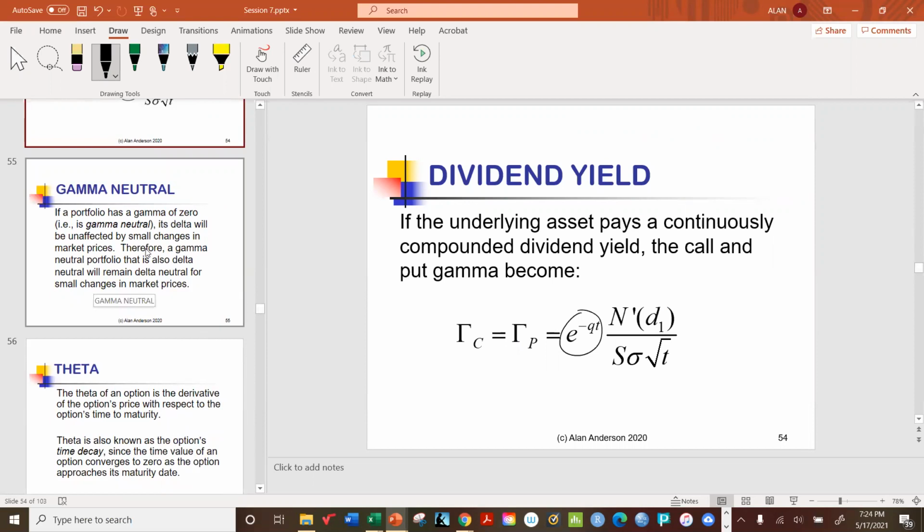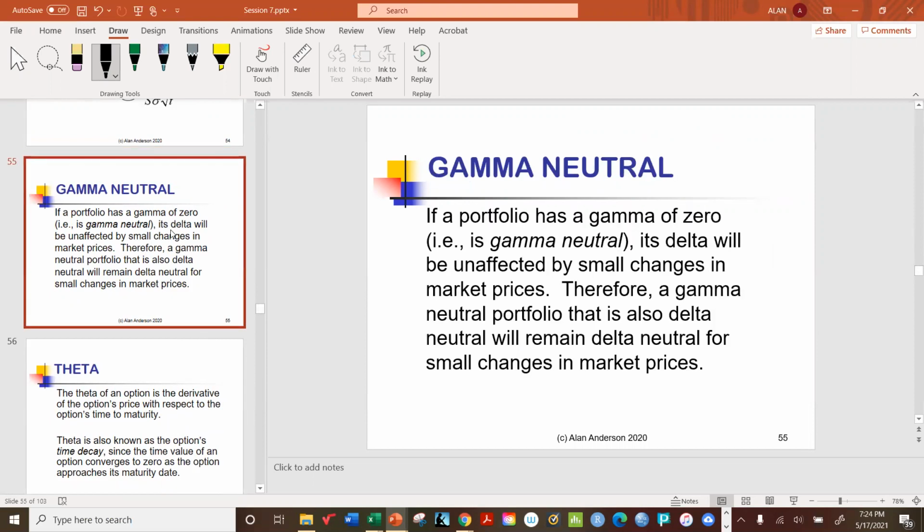Now, here's an interesting twist. A portfolio can be delta neutral. It can also be gamma neutral, which means that not only are changes in the stock price not changing the value of the portfolio, but the deltas themselves are staying the same.